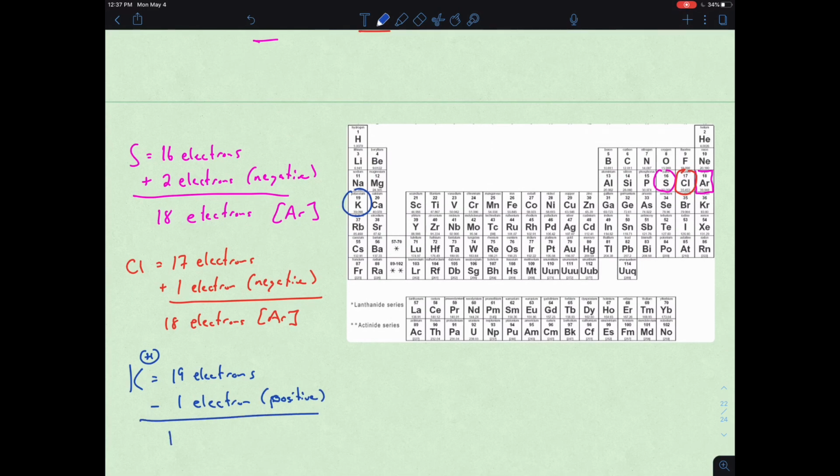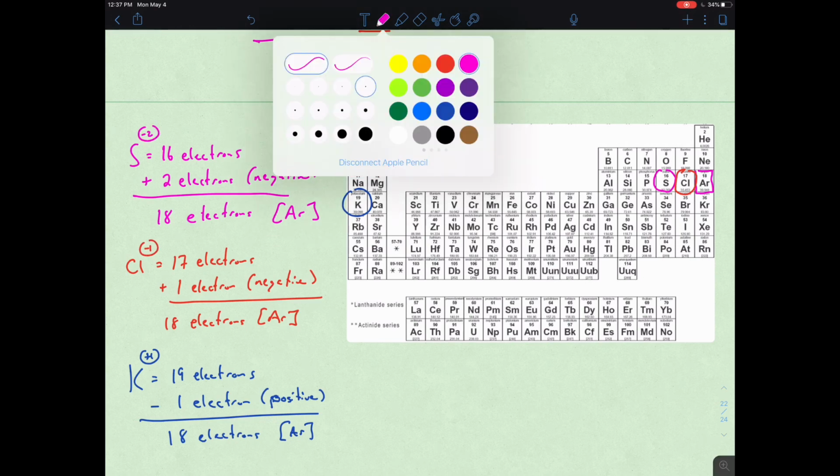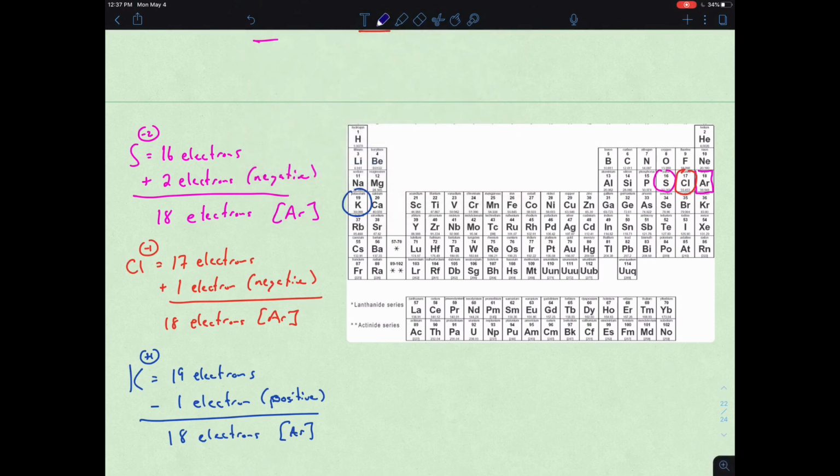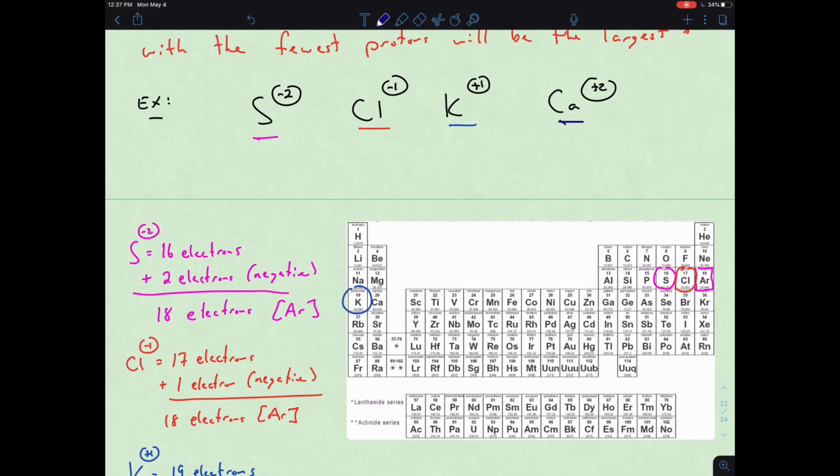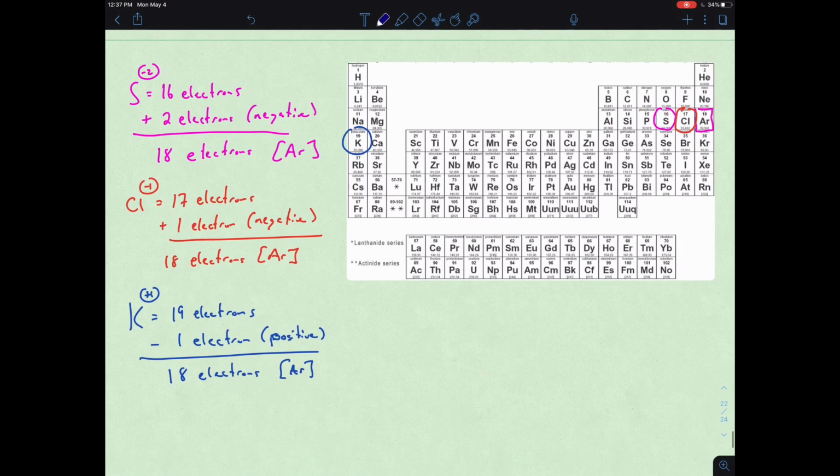Again, we get our 18. And then lastly, we have our calcium, right here.